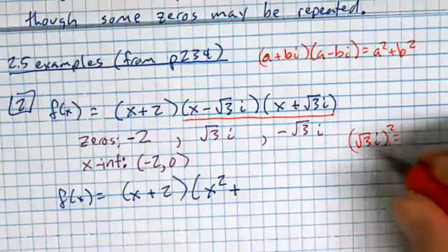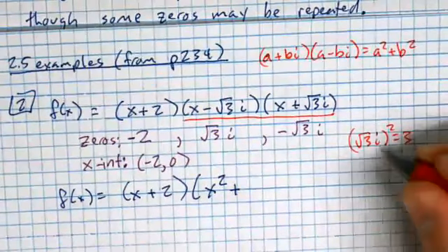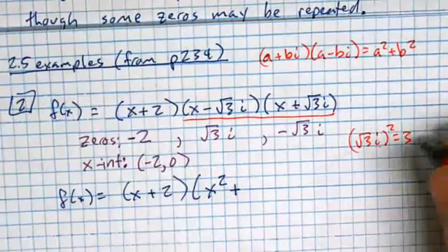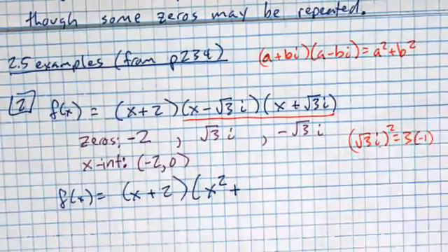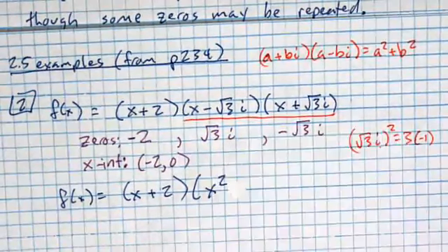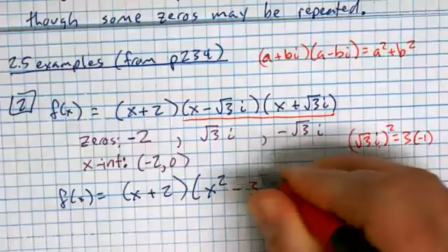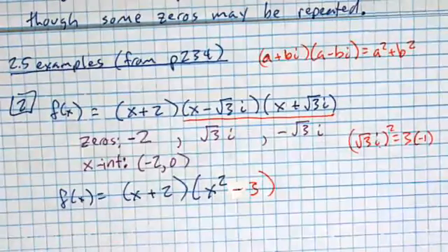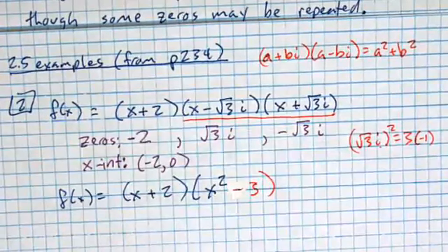Square the root 3, we're going to get 3. Square the i, we're going to get negative 1. So negative 3? Yeah, so instead of plus, I should write minus 3. Now, if you want to sit there and do your FOIL for that, you're welcome to do it, but the shortcut is kind of nice.